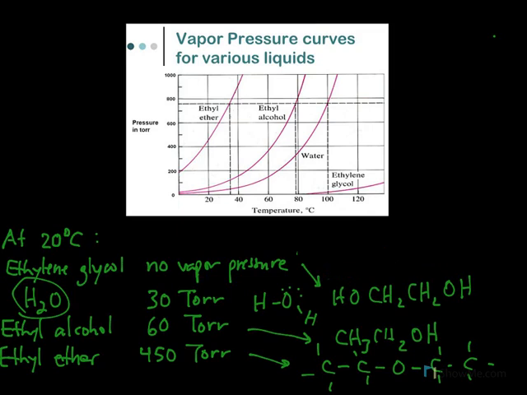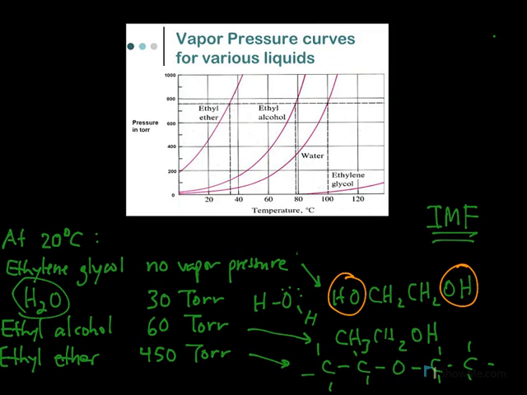Now, if we look at all these structures, and remember, go ahead and review IMF if you're still foggy on that topic, ethylene glycol has hydrogen bonding, and it has 2 areas of hydrogen bonding. That means ethylene glycol has a very strong intermolecular force.